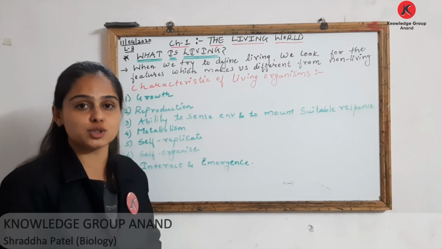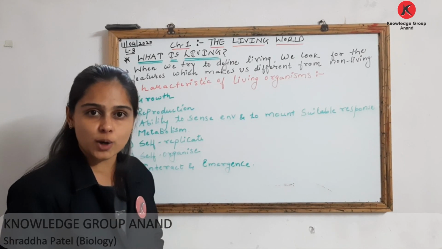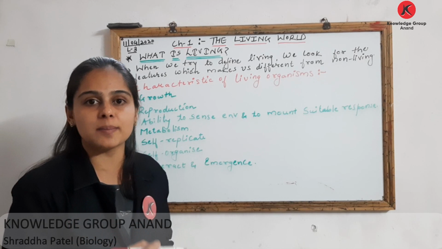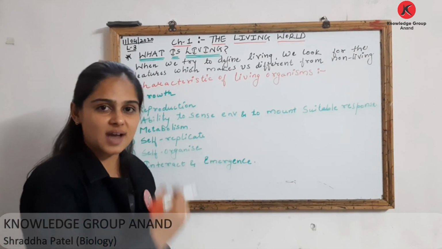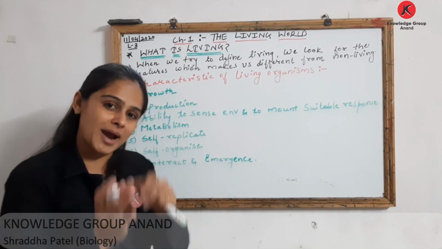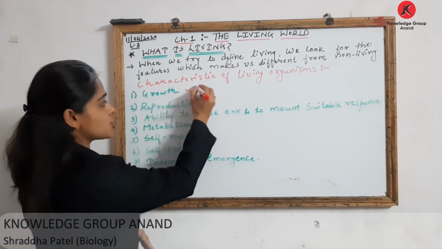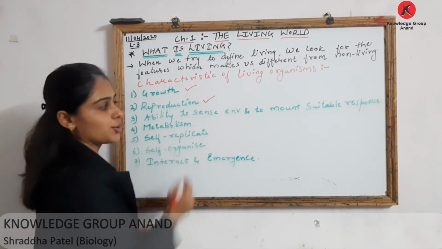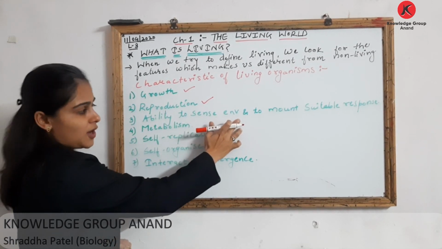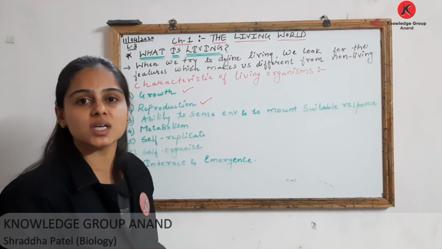Number 1 I have written is growth, followed by reproduction. Then I have written ability to sense environment and to mount suitable response which comes to our mind immediately. So these are some common characteristic features of living organisms by which we are different from non-living ones.